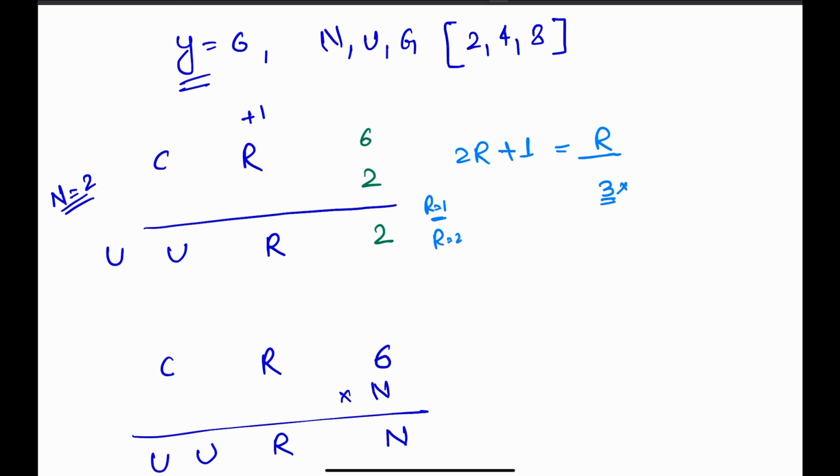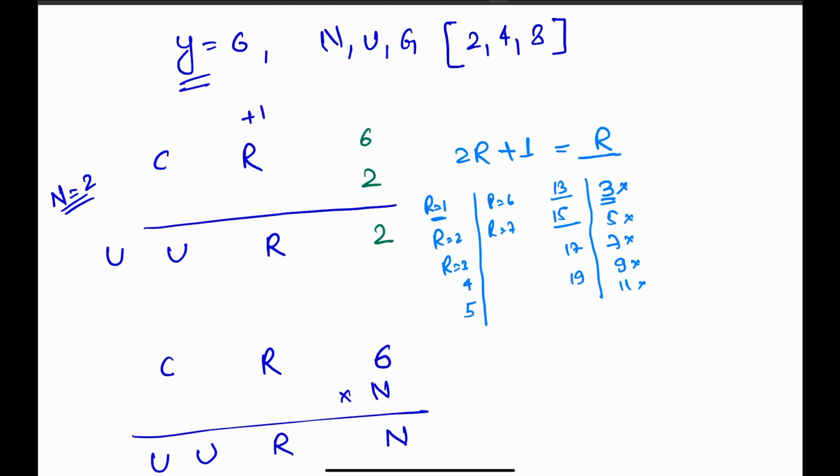R equal to 2, 2 twos are 4 plus 1, 5, not possible. R equal to 3, 3 twos are 6 plus 1, 7, not possible. So 9, not possible, because here is 4, here is 5, so here will be 11. Similarly, let's take r equal to 6, so this side will be 13. R equal to 7, this side will be 15, 17, 19, and yeah, this much.